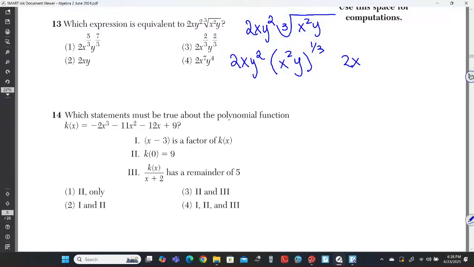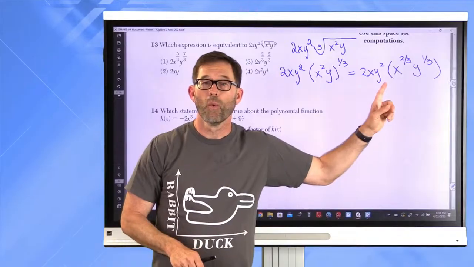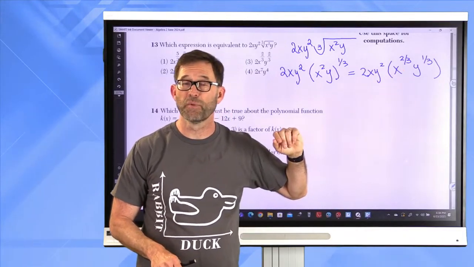2x y squared times x to the 2/3 times y to the 1/3. Well, that almost looks like the parentheses is just around the 1/3. Let me do that. All right. And now I can use an exponent property that says when I multiply two things of the same base, I add their exponents.